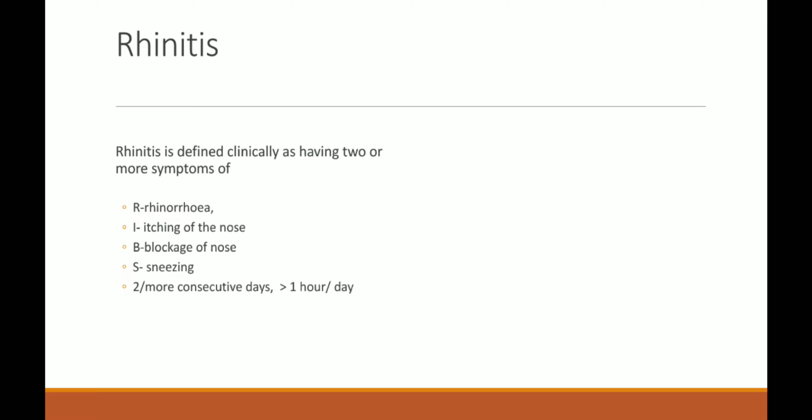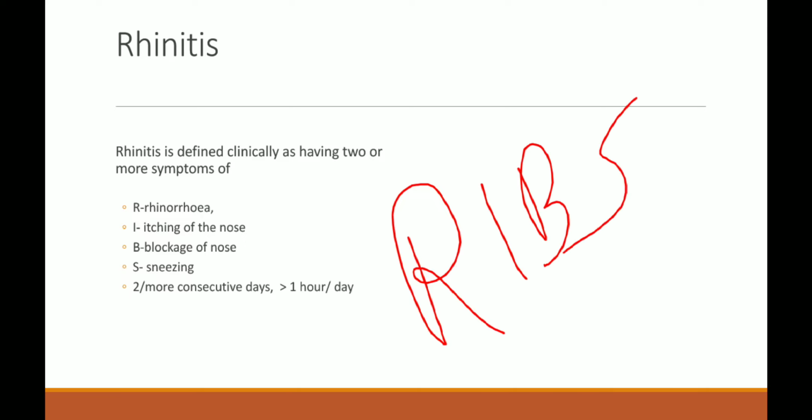So, rhinorrhea means nasal discharge, then itching of the nose, nasal blockage, sneezing. We can remember these four symptoms by the mnemonic RIBS. So, R for rhinorrhea, I for itching, B for blockage of the nose, S for sneezing.